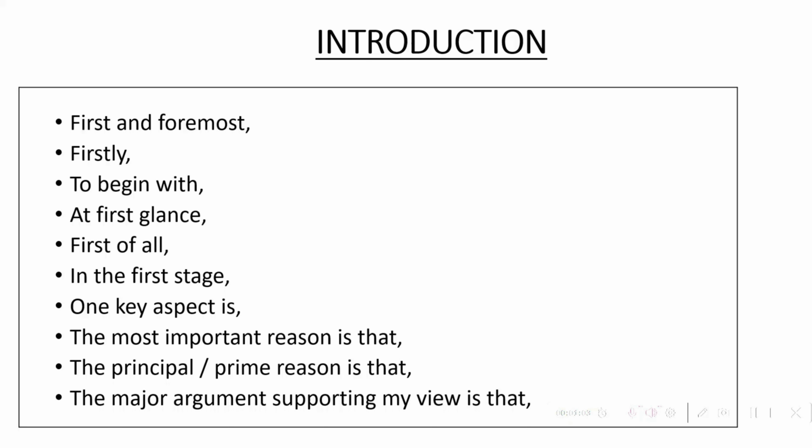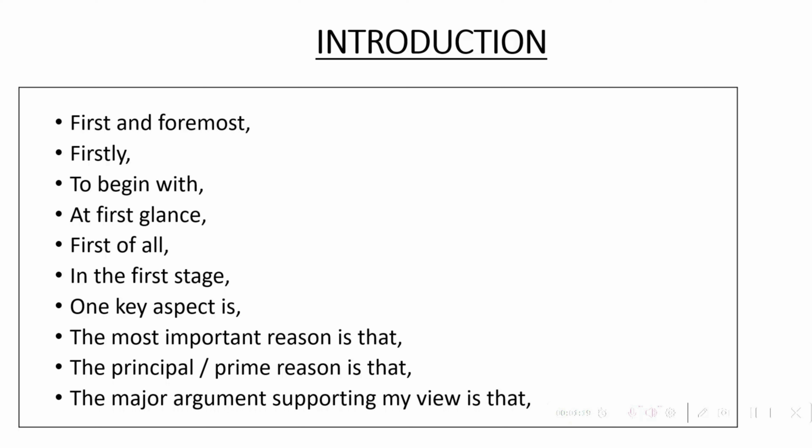One key aspect is, or you can write, the most important reason is that, or you can write, the principal reason or the prime reason is that. And the last one is, the major argument supporting my view is that.